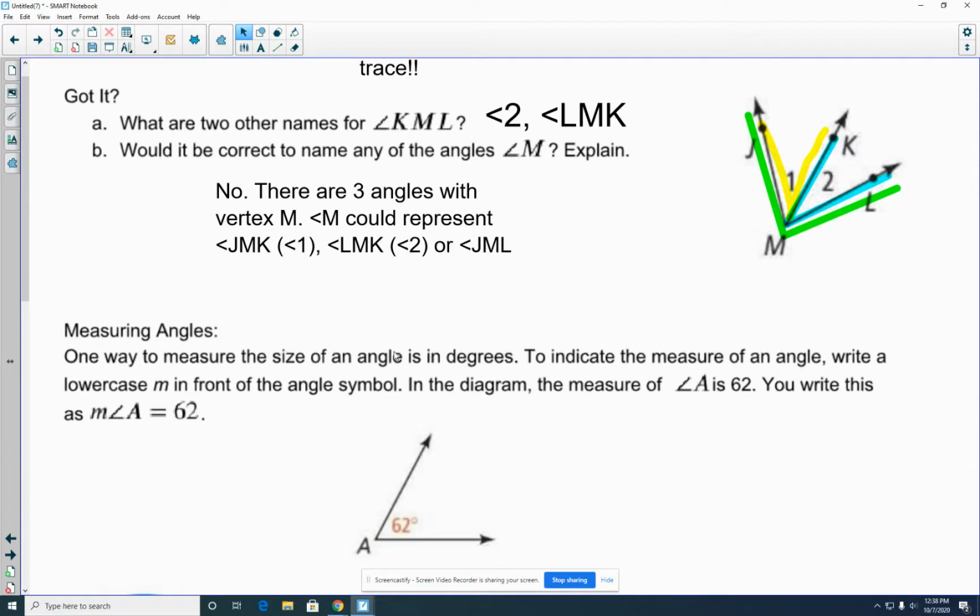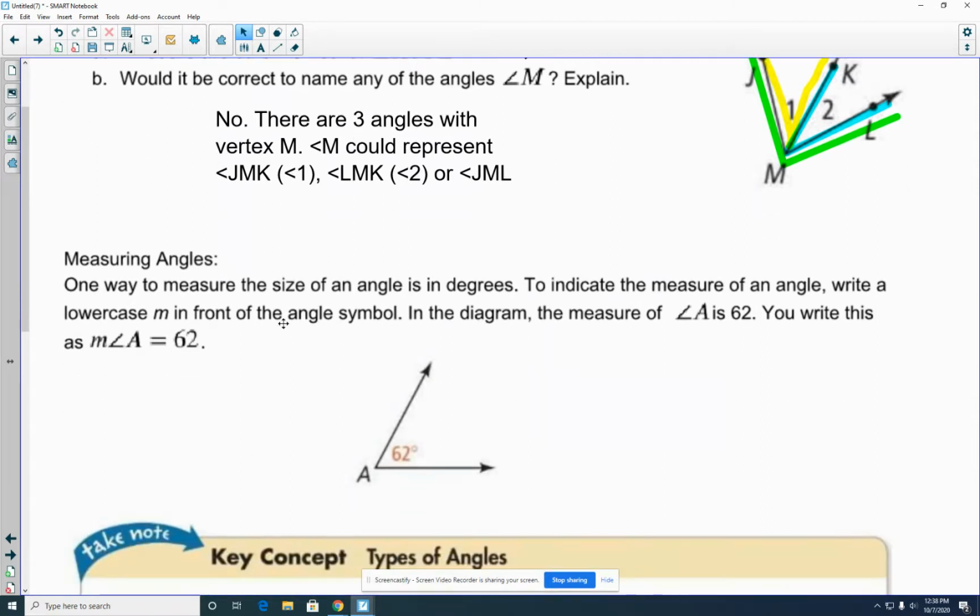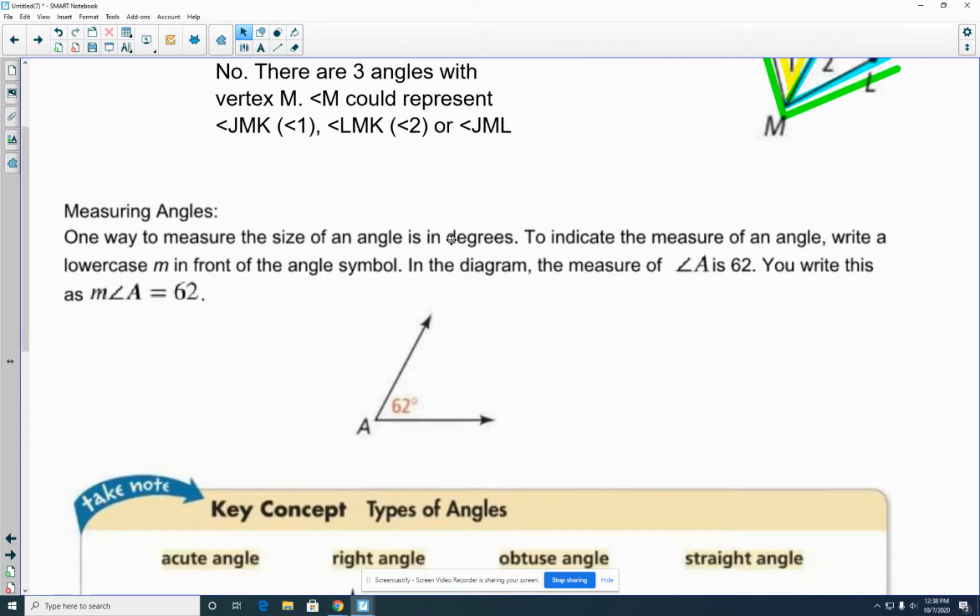Okay, so let's take a look. When we measure angles, generally speaking, we're going to be measuring angles by using degrees. In this class, we are actually not going to be measuring angles using any tools, so we're not going to be using a protractor. However, we show that we're measuring an angle by putting a lowercase m in front of the angle symbol. So if you take a look down here, this angle is measured at 62 degrees. So here, in words, the measure of angle A is 62.